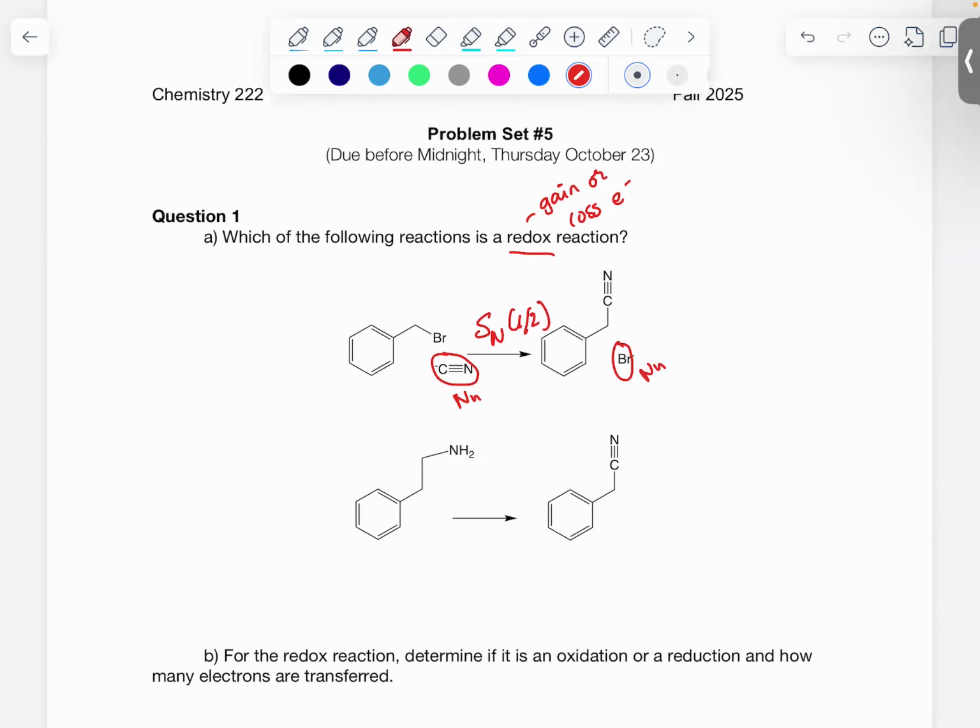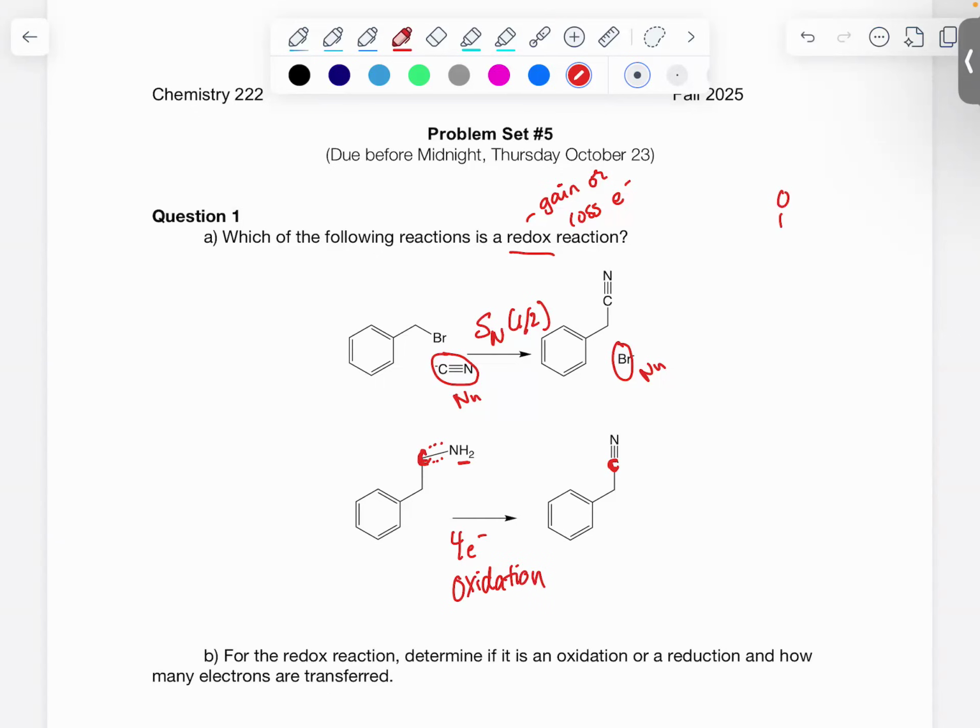But here we can see that it might be hard to tell just because the notation is different for these two carbons. But we're going to lose these 2 protons to form 2 more pi bonds. So that is actually going to be a 4-electron oxidation.